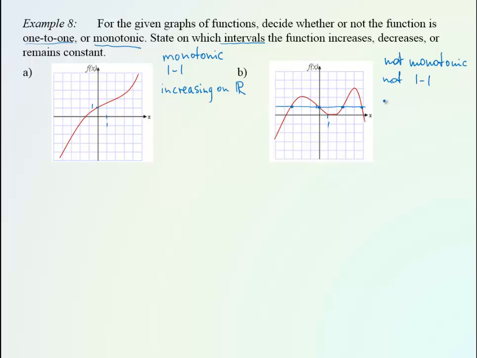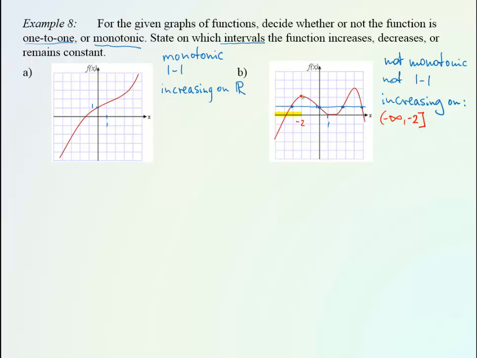Now let's list intervals on which the function is increasing. We can highlight the intervals on the x-axis for which the function actually increases. It does increase from here to there. So it starts from -infinity and goes until -2. That's our first interval, -infinity up to -2.